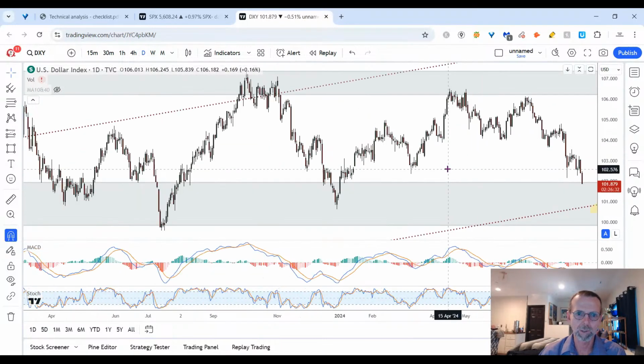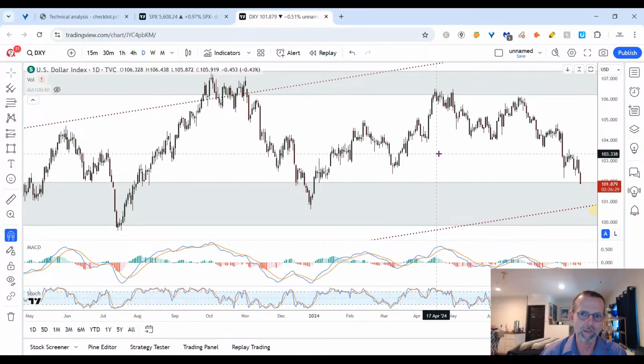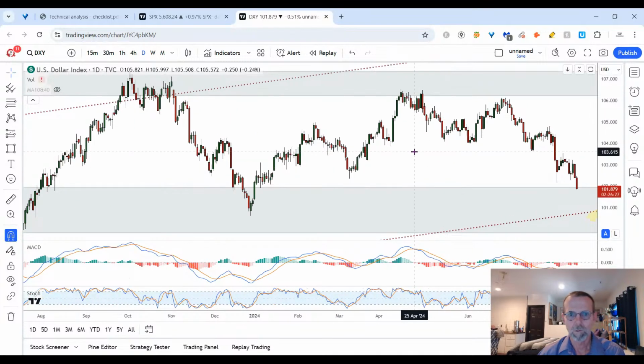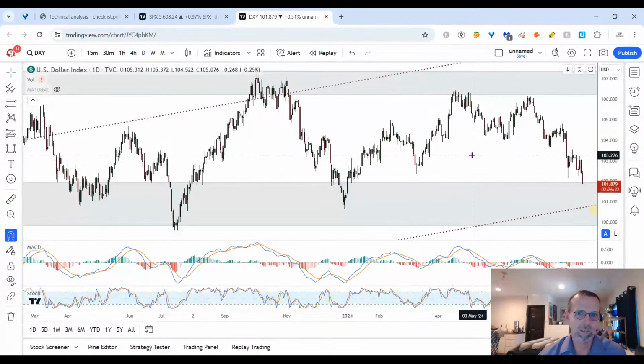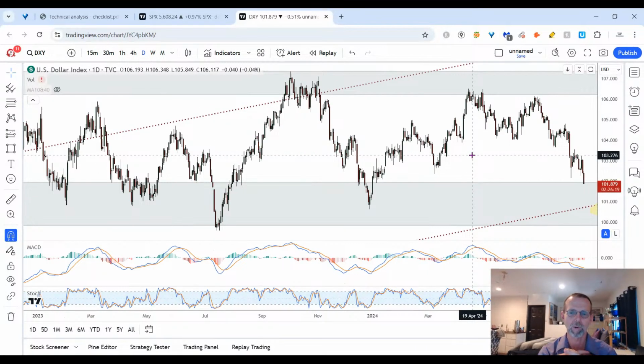Now we drop down into the daily time frame. Notice that I left my drawings on from the higher time frames, from the weekly and the monthly, and sometimes that's useful because the analysis that we do in the higher time frames sometimes will frame or provide basically markers or boundaries that are useful in the lower time frames.